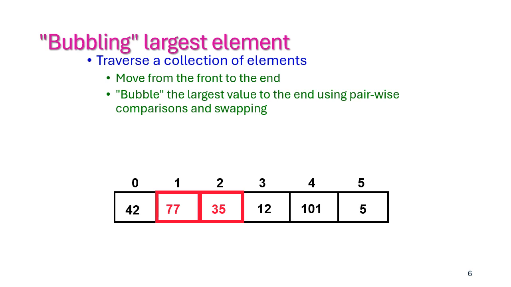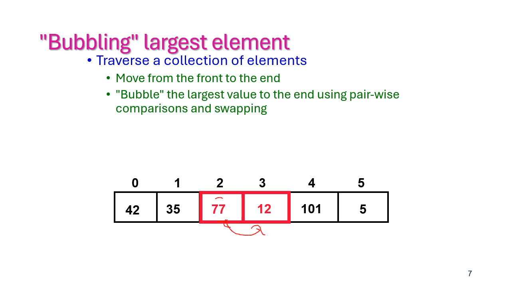Now the next two items will be taken: 77 and 35. Here 77 is greater and 35 is smaller, hence these two items should be swapped. Now in the second position 35 is placed and in the third position 77 is placed. Next, let us take 77 and 12.